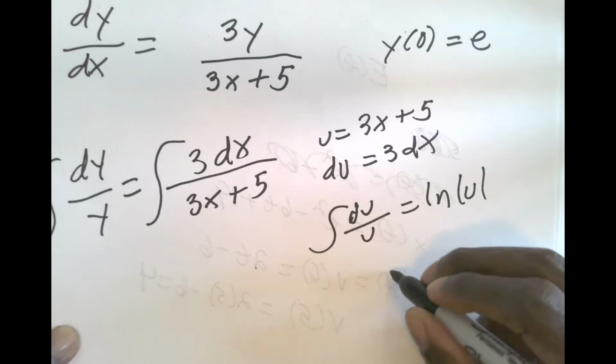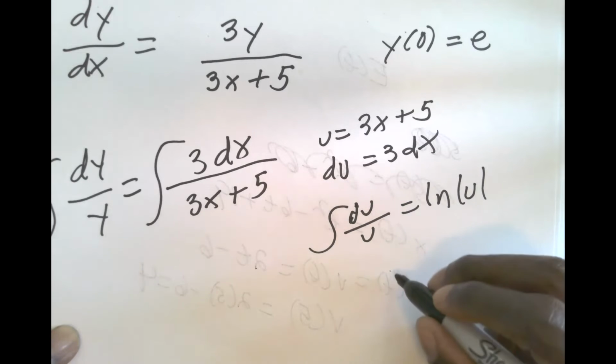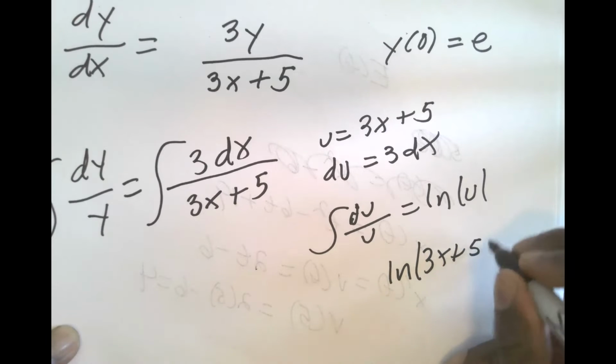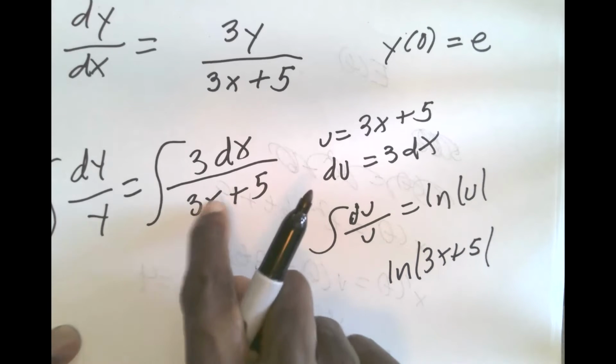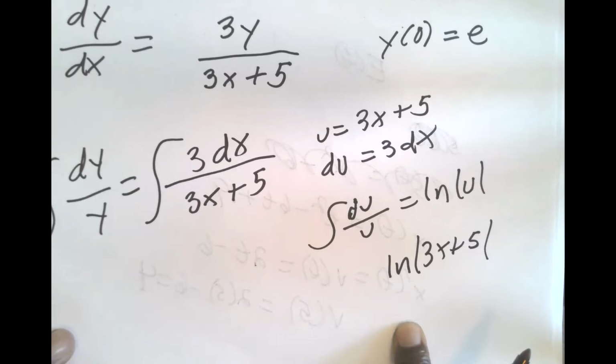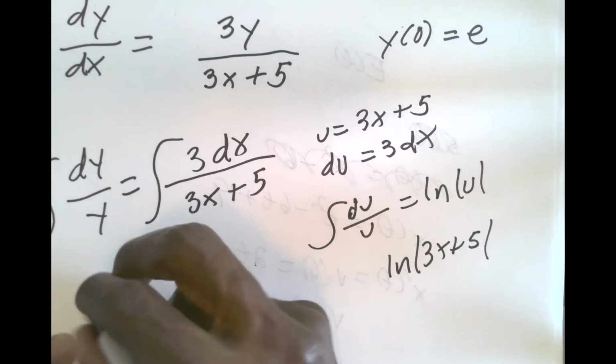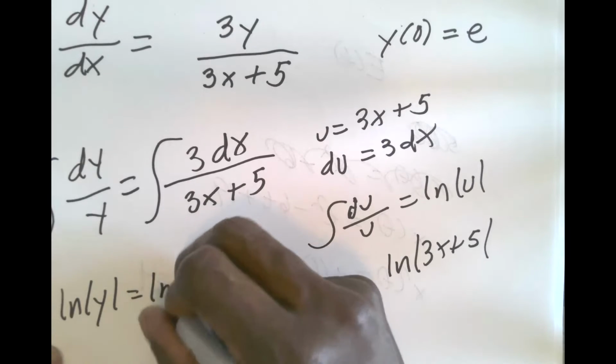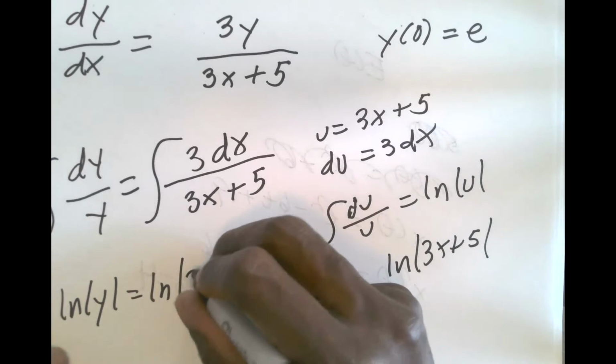If I substitute back what u is, it'll be ln of 3x plus 5. This integral, of course, is just ln y. So we have ln y equals ln of 3x plus 5.